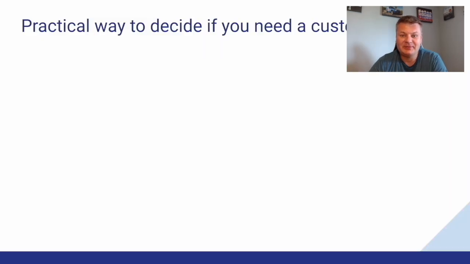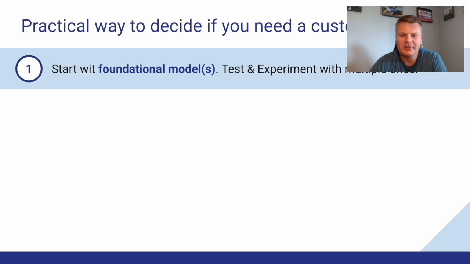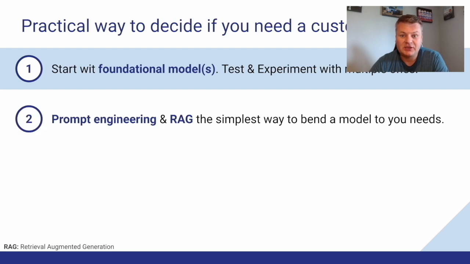Now that we have a basic definition of the available options and an understanding of what it takes to implement one, let's go back to that initial question. What is the right path for me? I generally recommend starting with a foundational model, or preferably multiple ones, to see if one actually may work for you. You can also accomplish quite a bit with prompt engineering and retrieval augmented generation by infusing examples directly into the model.